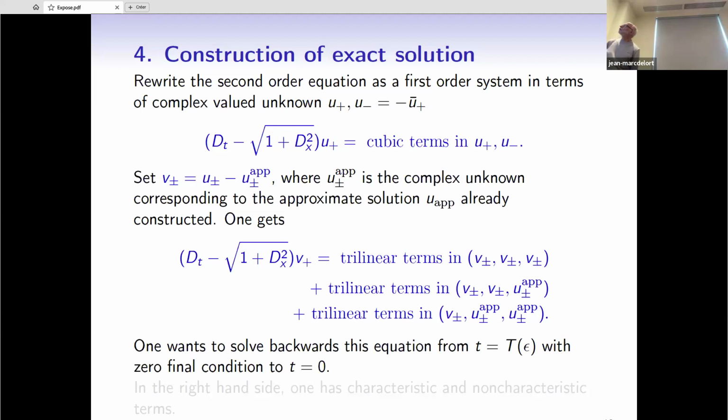And there could be also, of course, some remainders coming from the fact that the approximate solution is only an approximate solution and not an exact one. So this would be a source.